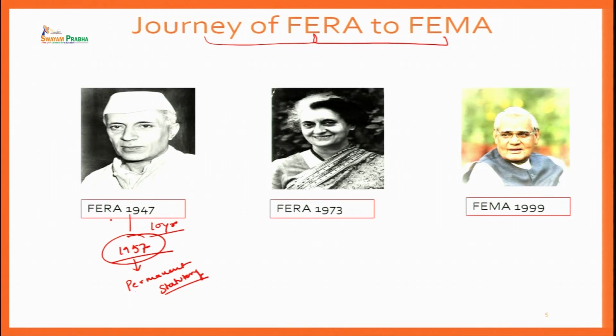Whosoever violated this law of the Foreign Exchange Regulation Act was considered a criminal, and there was going to be direct imprisonment. Every person was going to be considered guilty here. It was not that a person would be considered guilty only once it was proved. Every person found violating the FERA was considered guilty straight away and sent behind bars.